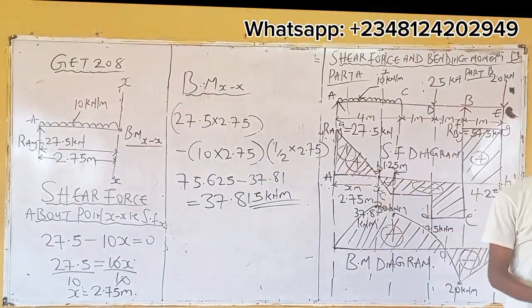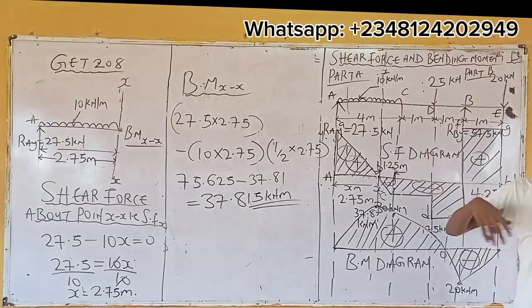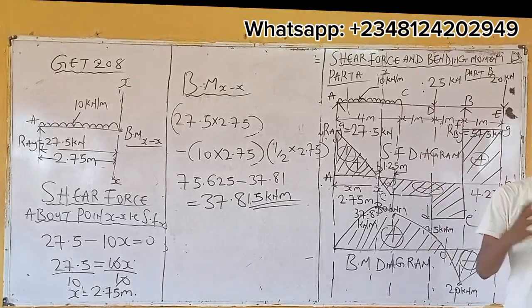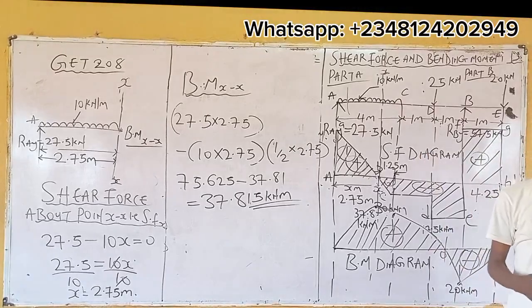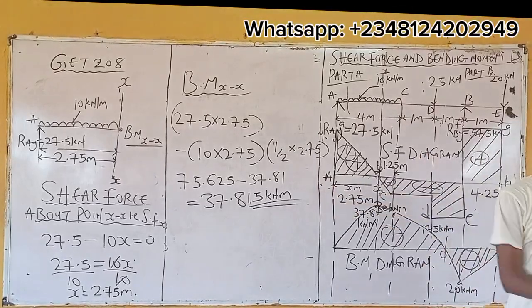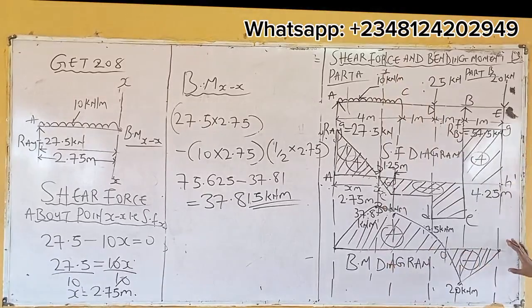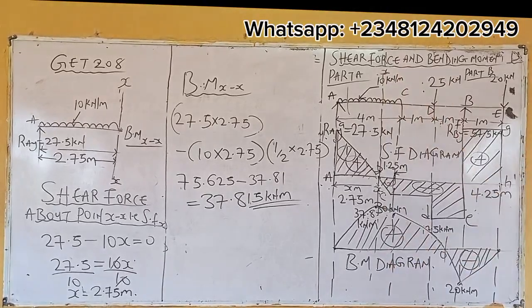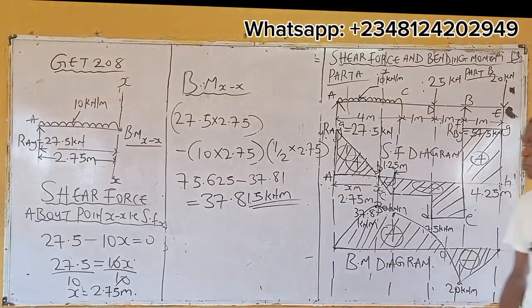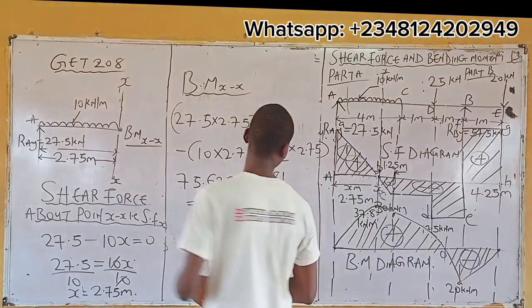So generally, we mostly use the idea of sectioning. Whenever you want to do your maximum bending moment, section. And whenever you want to do your point of contraflexion, also section. So depending on your choice, anyone you want to use, you are fine with it.